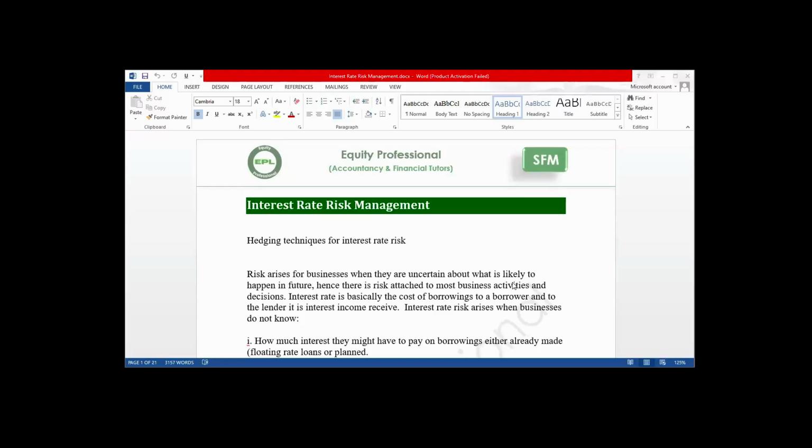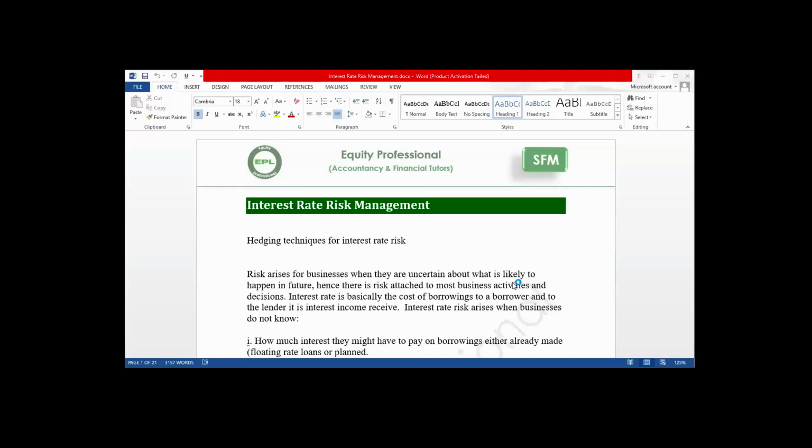The second aspect of risk management is interest rate risk management. Interest rate risk. Of course, we know the meaning of interest rate. Cost of borrowing or return on investment.